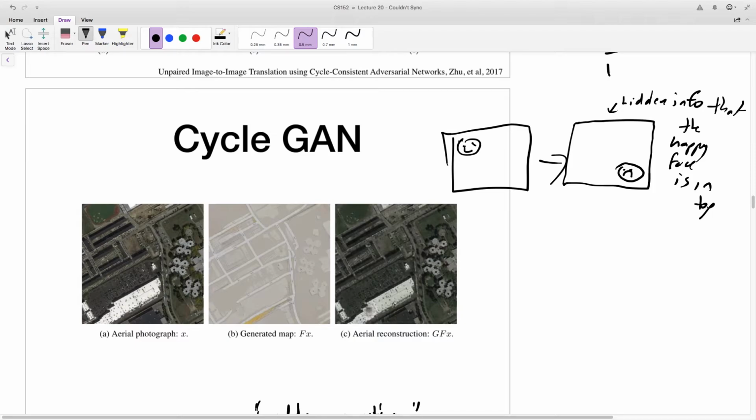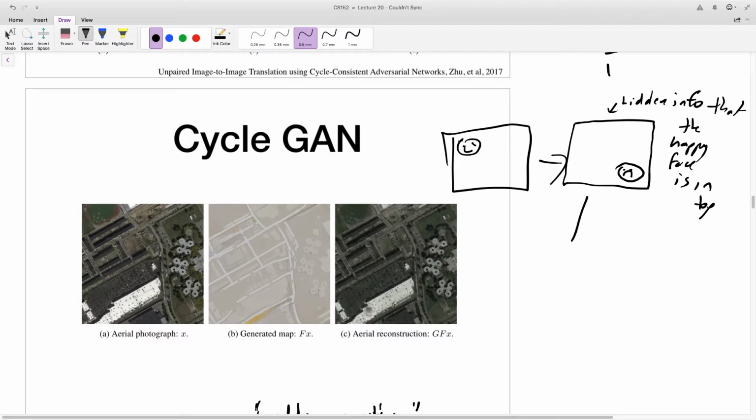Yeah. Hello. When we have the generation and then you're comparing it with the image, and we're doing L1, doesn't that imply that we're actually paying attention to spatial information? Oh, we are for sure paying attention. So here's the deal. We're not comparing these two, right? This is the happy face and this is the sad face. So we haven't done our cycle yet to do our cycle loss.